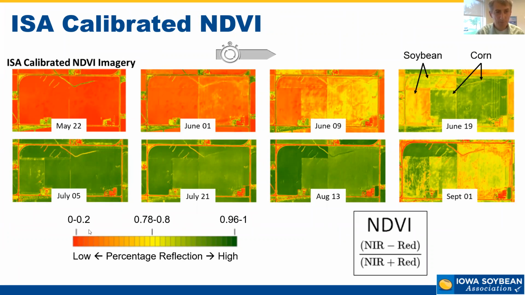By putting this in a common scale, we can develop this time series and look at trends in these indices or reflectance values. Here we have two different crops, so you can see that at different times, NDVI of corn was higher early, and then later soybean definitely had a higher NDVI. Using the calibration allows us to put everything in a common scale and have this data ready for analysis.